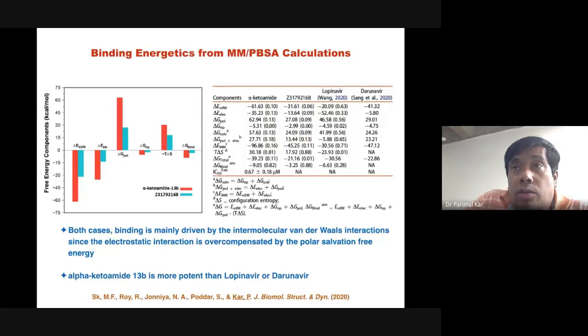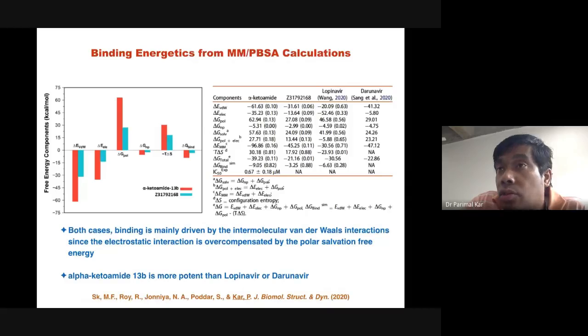But look at the polar solvation energy. That is always unfavorable because it is positive. For alpha ketoamide, the polar solvation energy that you get by solving the Poisson-Boltzmann equation is more unfavorable compared to the other one.